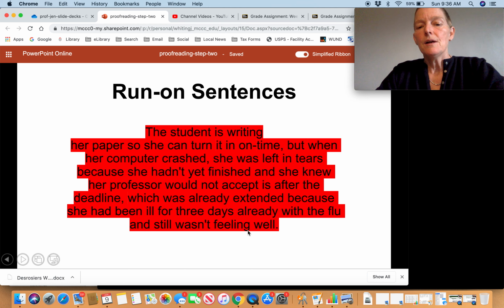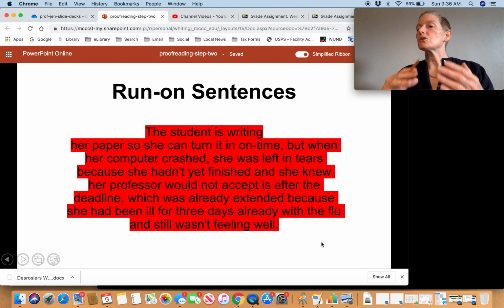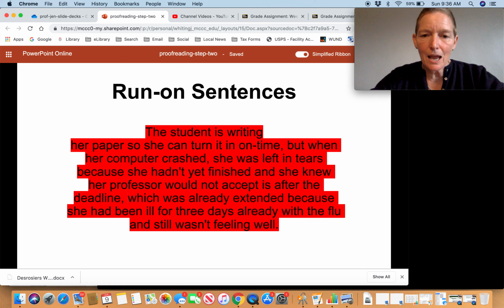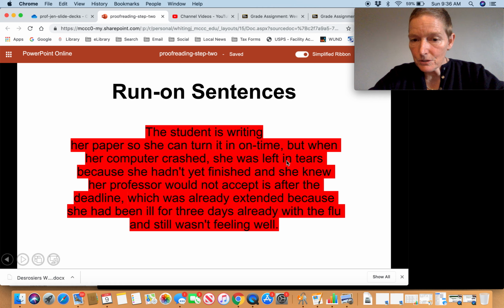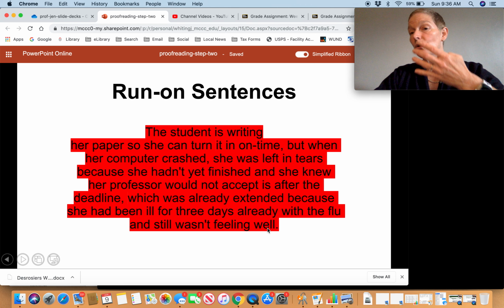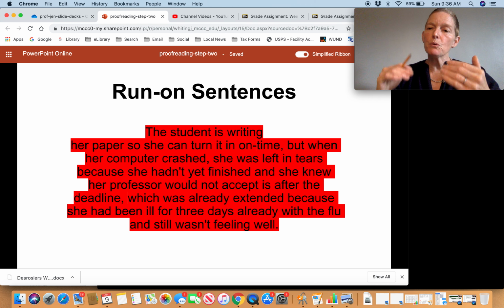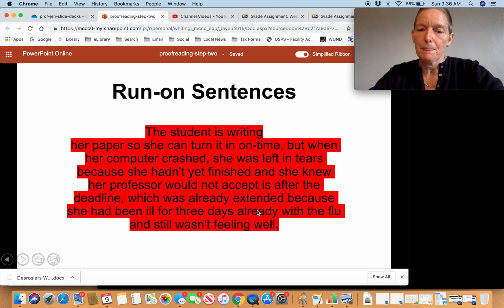Should be it. But this sentence goes on and on and on and on. There are 3 different things happening here. The fact that she's writing it, the fact that her computer crashed, and she knew her professor wouldn't accept it, and she'd already been sick. So you actually could turn that into 4 sentences, okay? So you want to watch out for run-on sentences.